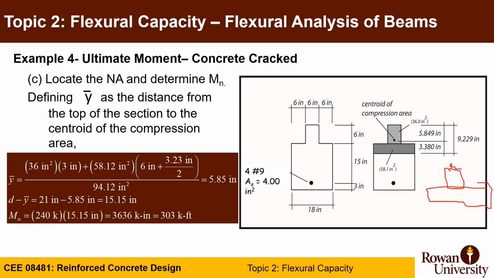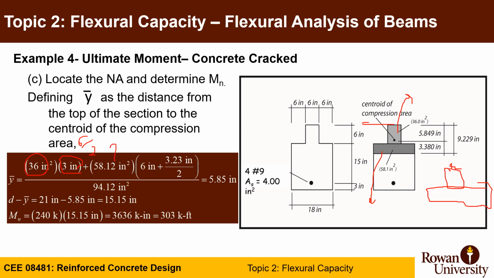Maybe the lighter gray and darker gray here, you can see that the area here is equal to 36, 6 by 6. And if we take the moment around the top fiber, this is going to be 6/2, which is 3 inches. However, the other area here, the darker gray, will be 18 times 3.23.